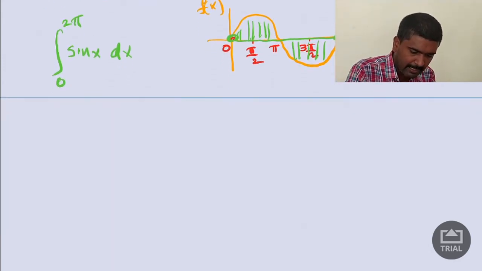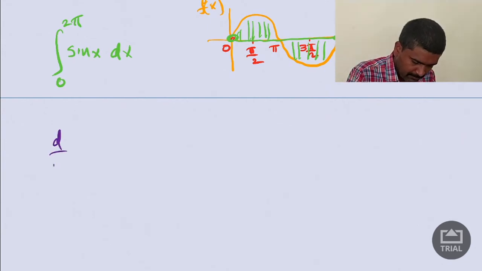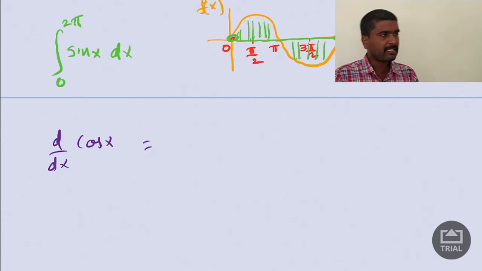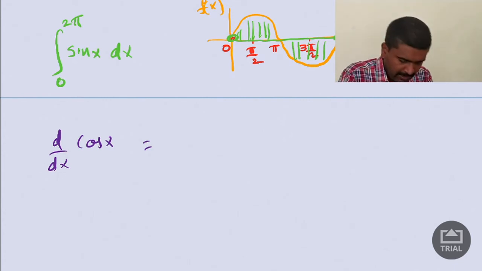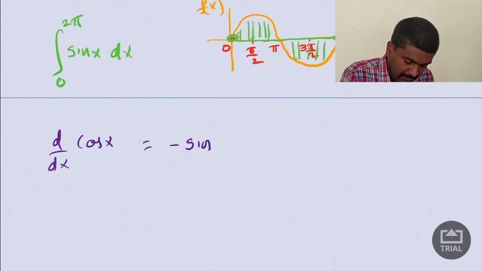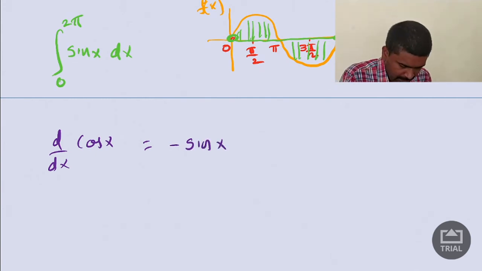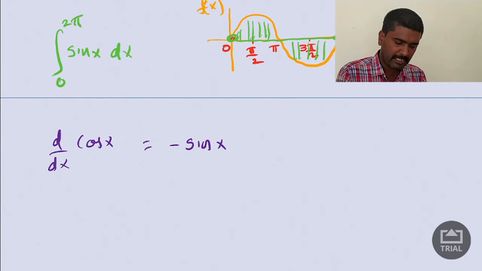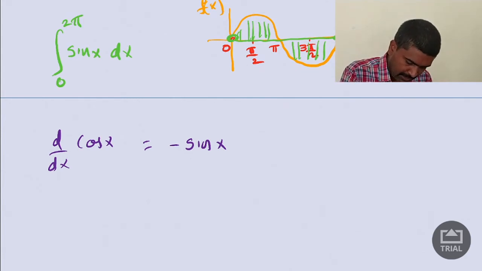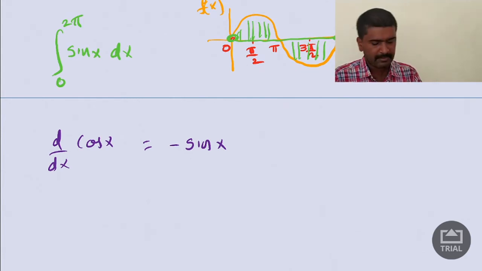If I take d by dx of cosine x, it will be minus sin x. d by dx of cosine x is minus sin x. So now I can write minus d of cosine x equals sin x dx.